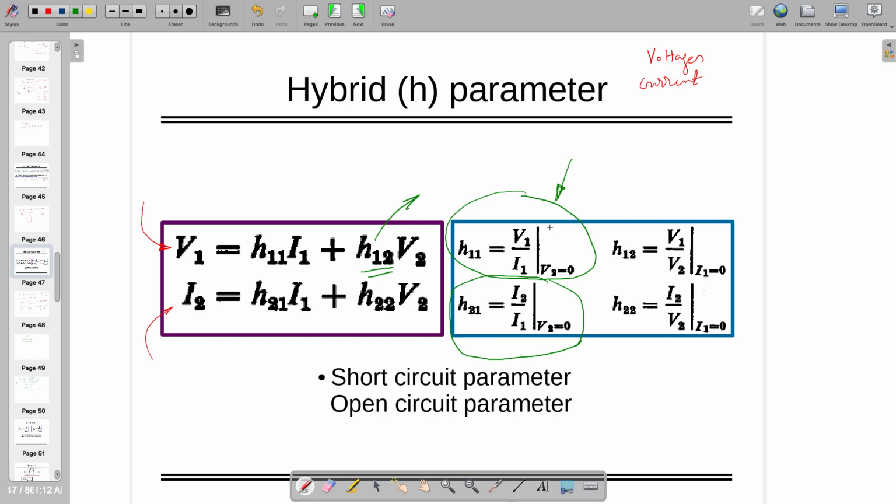So what do you think should be the usage of this one? This one is giving me the transfer function in voltage. This is giving me the transfer function in current, or the current gain, voltage gain. What about this one, V1 by I1? What information am I getting? Input impedance, right? And this one is giving me output admittance or 1 by output impedance.